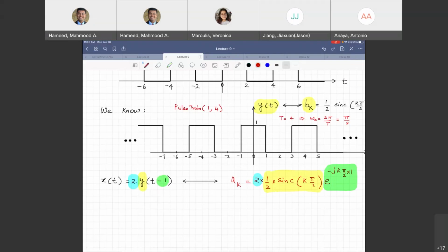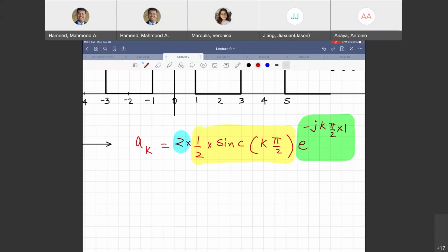Can we simplify this? Someone? Right, sinc. We can't do anything about the sinc, so sinc remains as is. We have k pi over 2. So how about e to the minus j k pi over 2? What is that?